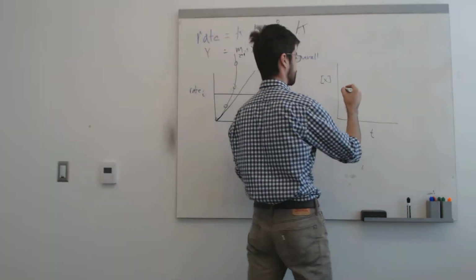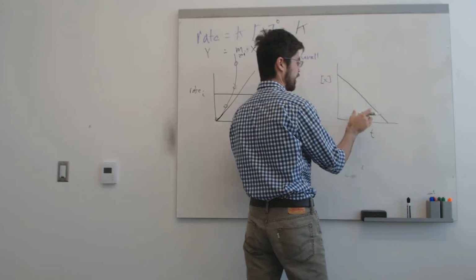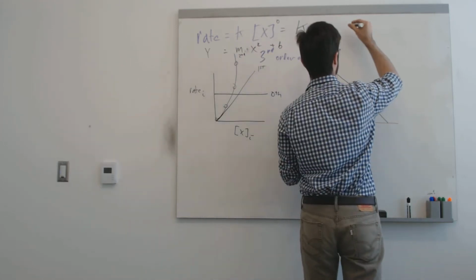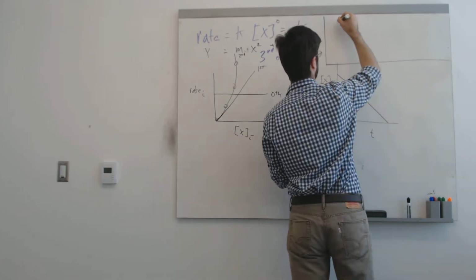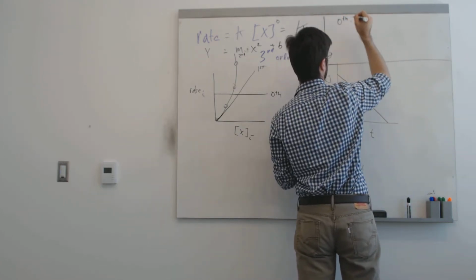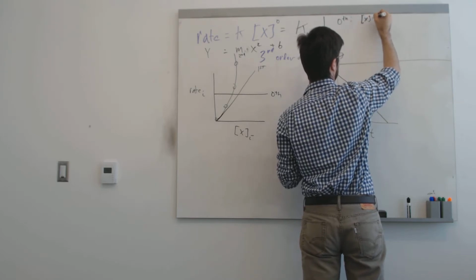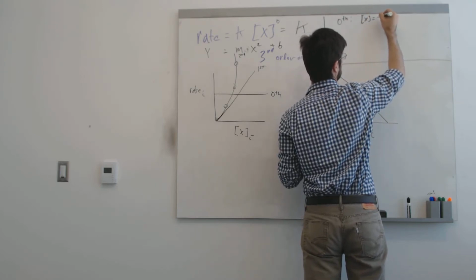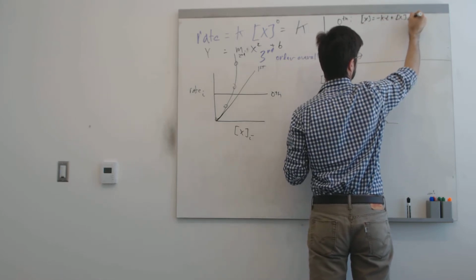A 0th order reaction has just a straight linear dependence of concentration versus time. Those dependencies are given by the integrated rate laws. So again, for a 0th order reaction, its rate law goes as the concentration of x is equal to negative kt plus the initial concentration.